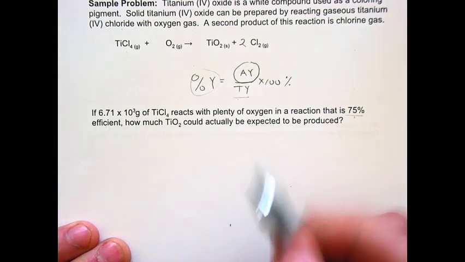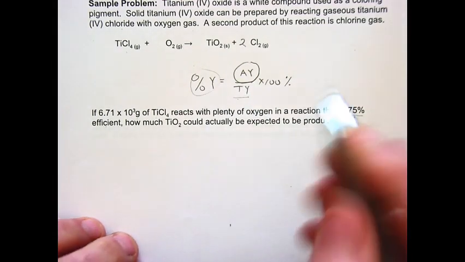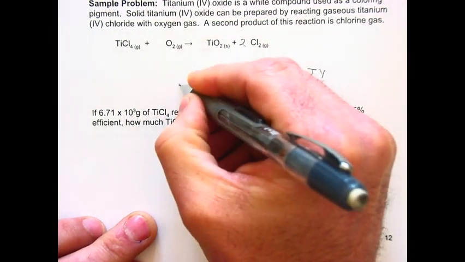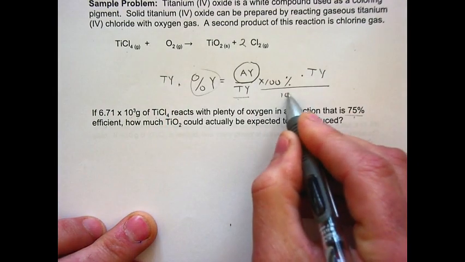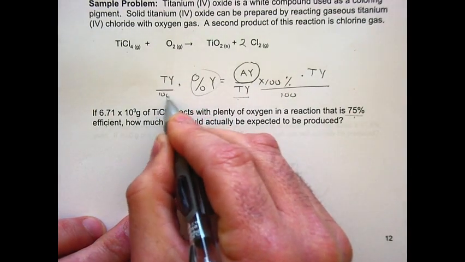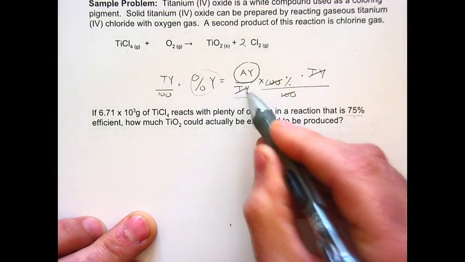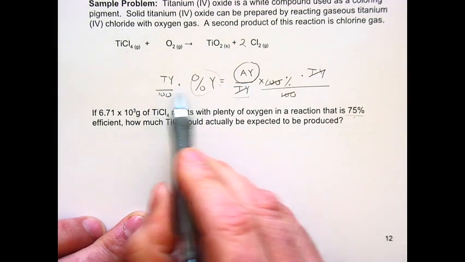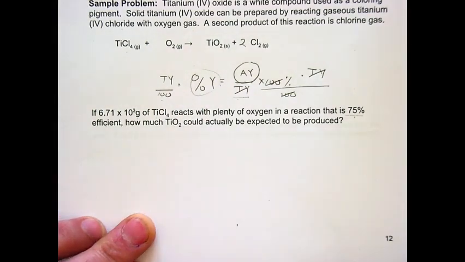So, to rearrange this formula so that it gives us the actual yield, I multiply both sides by the theoretical yield and divide both sides by 100. The hundreds cancel out, theoretical cancel out, so actual yield is equal to the theoretical yield divided by 100 times the percent.